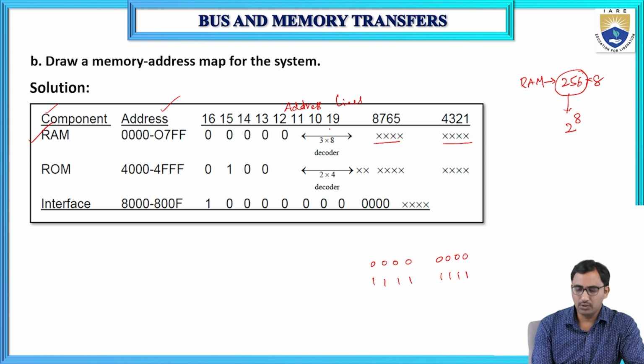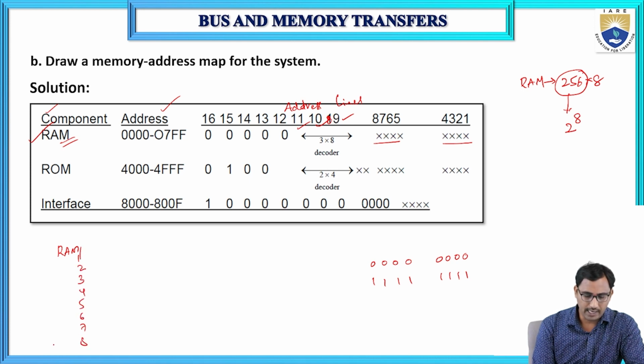Coming to address lines 9, 10, 11, these can be used for decoding purposes, because in total we have 8 RAM chips: RAM 1, RAM 2, 3, 4, 5, 6, 7, 8. In order to select them, we require these 3 address lines 9, 10, 11.